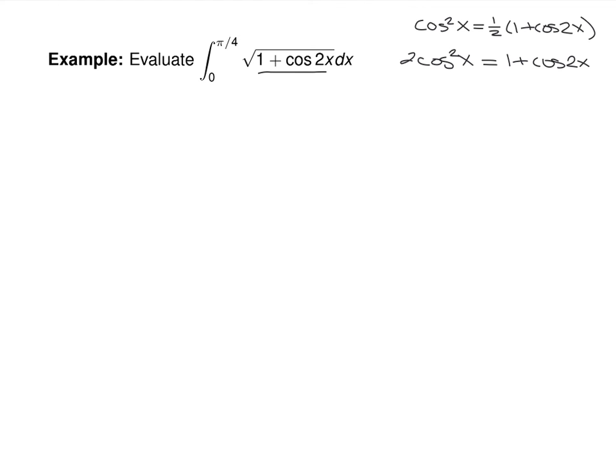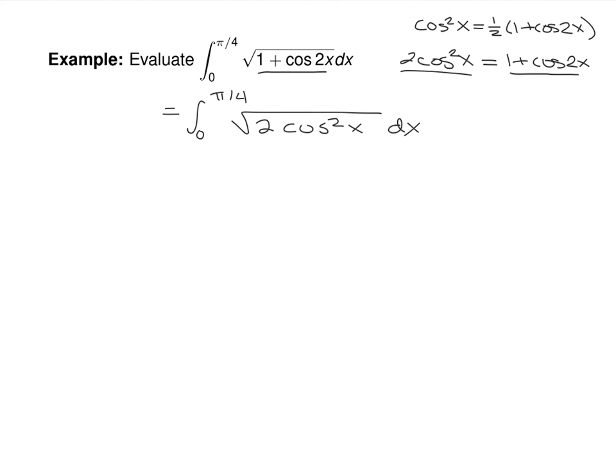Had this been 1 minus cosine 2x, I would have used the sine squared formula. And look, this tells us that we can replace the 1 plus cosine of 2x with 2 cosine squared x because those two things are equal. So this is just a straight up replacement. So the integral from 0 to pi quarters of the square root of 2 cosine squared x dx.